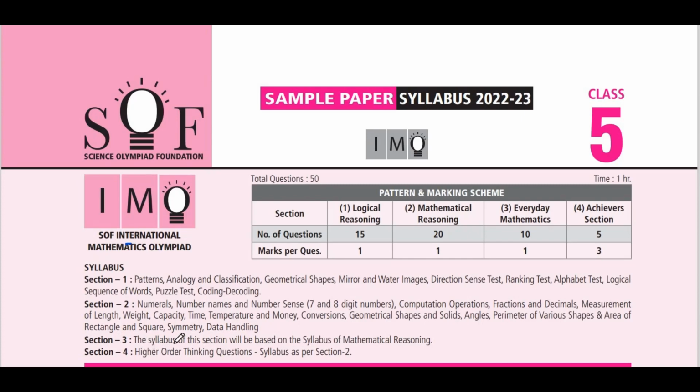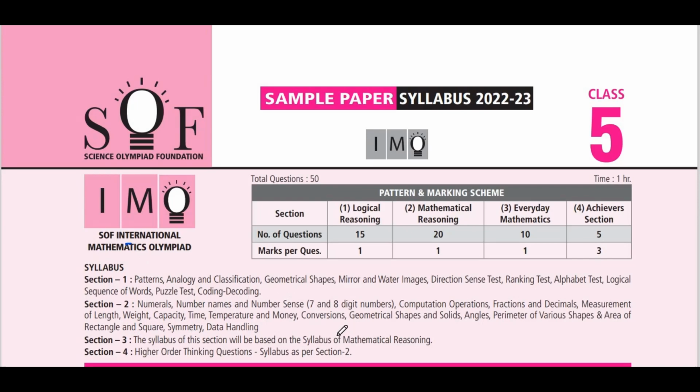Section 3 will be based on the syllabus of mathematical reasoning, so the same syllabus as section 2, but it would be considered as everyday mathematics. And section 4 will also have the same syllabus as section 2, but these are higher order thinking questions. Right? This is the syllabus for this year's IMO class 5. So we have 4 sections. You can write down these chapters so that it is easy for your preparation.